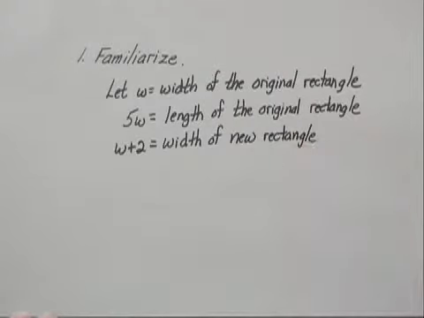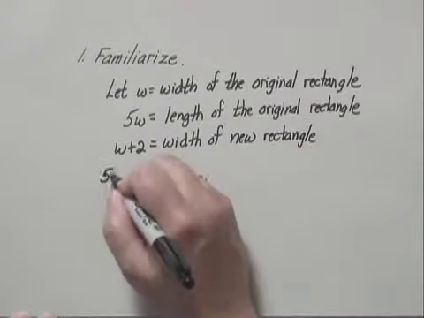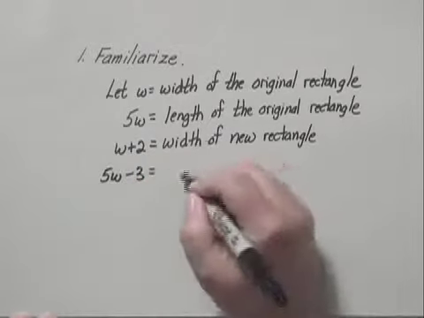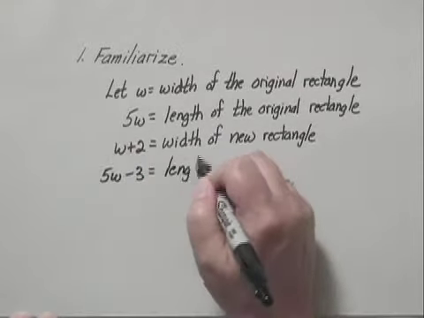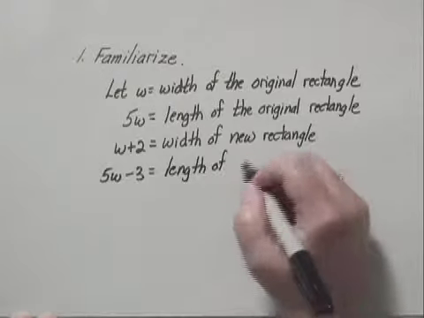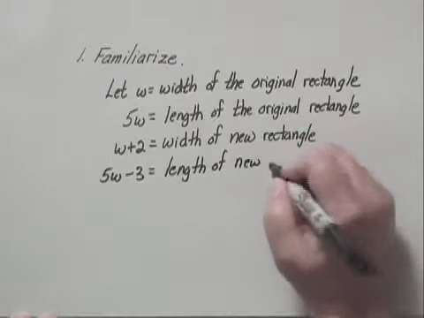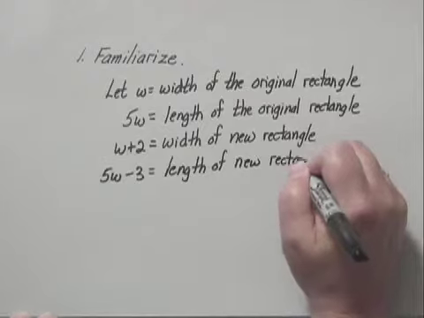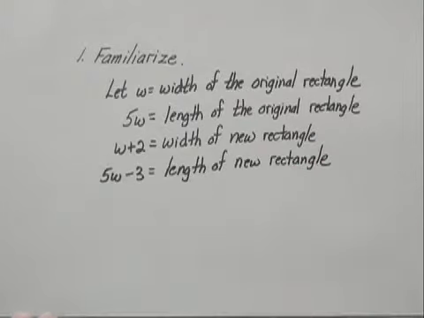And the length of the new rectangle would be 5W minus 3. Now this takes a while to write out, but now I'm very clear of what each thing represents, and it'll make the translating step much easier.